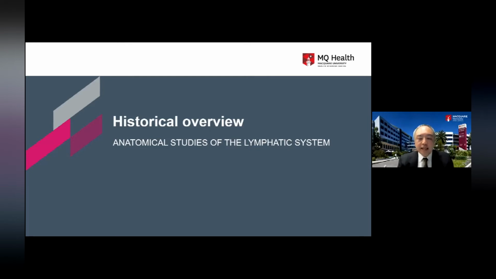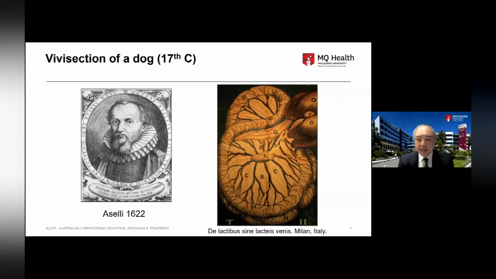He dissected a living dog, and by chance saw a white cord on the mesentery. When he cut this white cord with scissors, suddenly white liquid came out. He thought this was a new circulatory system, and also related to absorption. So the method was dissecting the living animal.